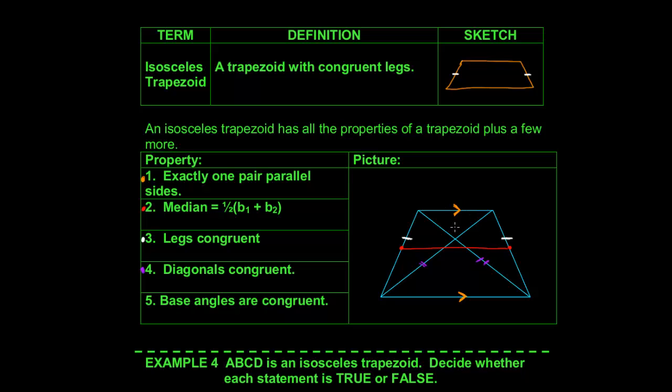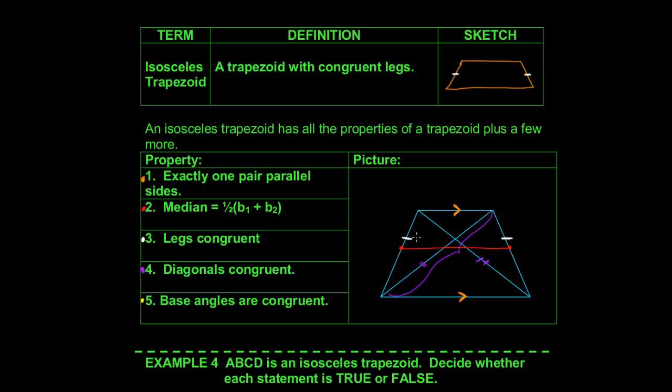Now, whenever it's saying our diagonals are congruent, it's not talking about the little sections like this section and this section. It's every bit of this, our entire diagonal as one, from here all the way to there. That is our entire diagonal, which is congruent to this other diagonal. And lastly, our base angles are congruent.